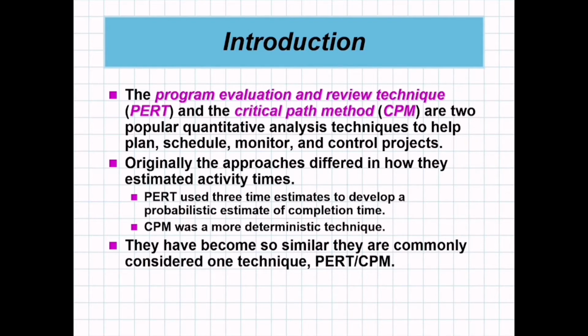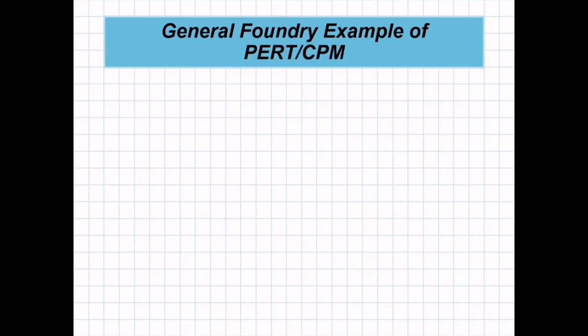PERT used three time estimates to develop a probabilistic estimate of completion time, while CPM was a more deterministic technique. However, they have become so similar they are commonly considered as one technique now called PERT/CPM.